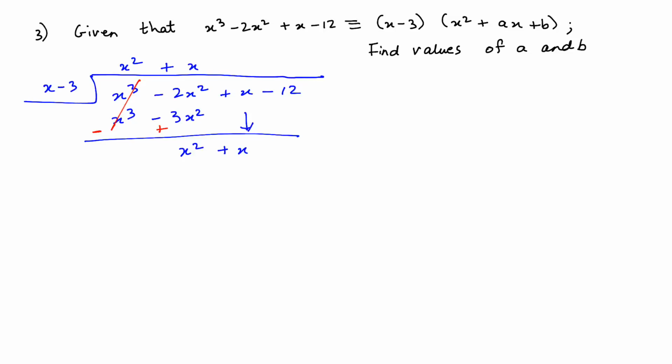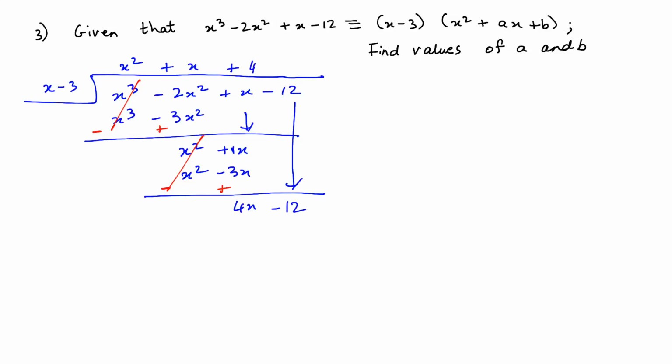X multiplied by x squared, and -3 multiplied by x will give us -3x. Again, we change the signs. This will get cancelled, and 1 plus 3. If there is no number before x, it means that it is a 1. So 1 plus 3 will give us 4x, and we bring the -12 down.